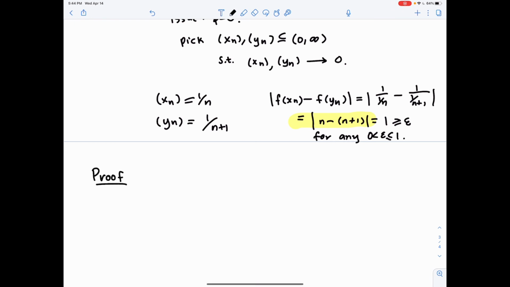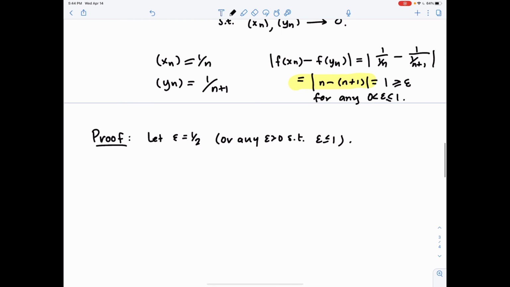And we're just going to follow the sequential criterion. So the sequential criterion says I need to say there exists an epsilon. So I'm going to let epsilon equal 1/2, or any epsilon greater than 0, such that epsilon is less than or equal to 1. And then I need to introduce my two sequences.